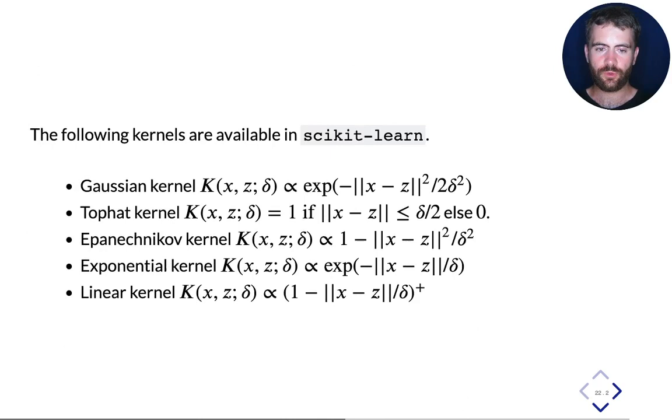Here I'm going to give you a few examples of kernels that are more suitable for density estimation. By the way, these are kernels that are available in the scikit-learn library, and they're generally used in practical density estimation applications.